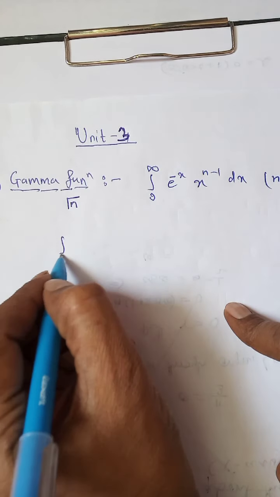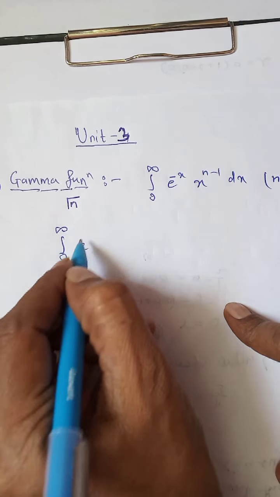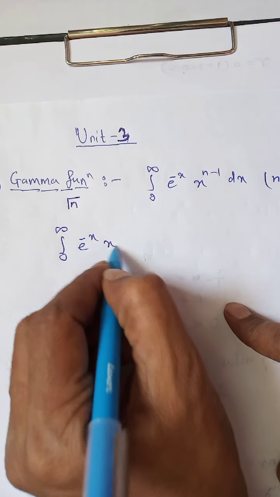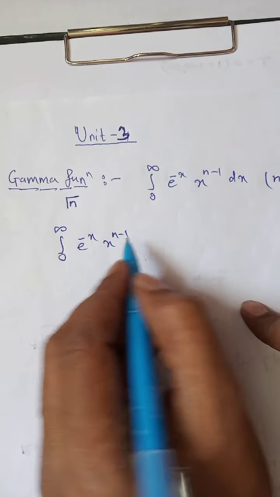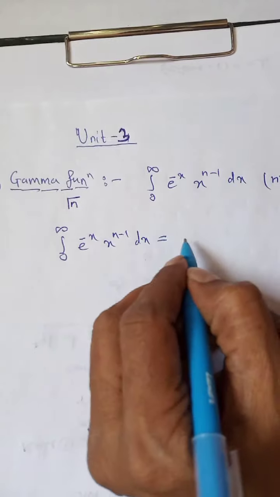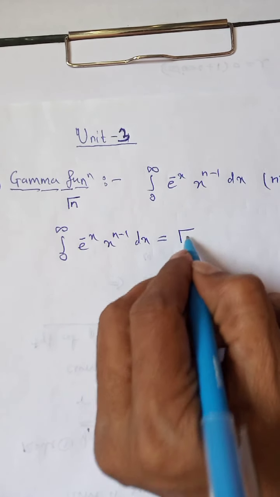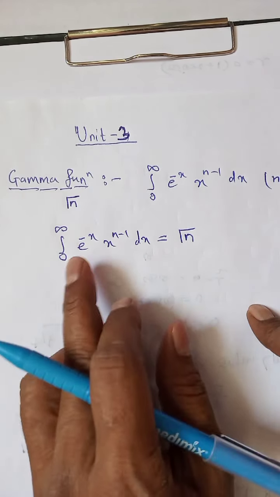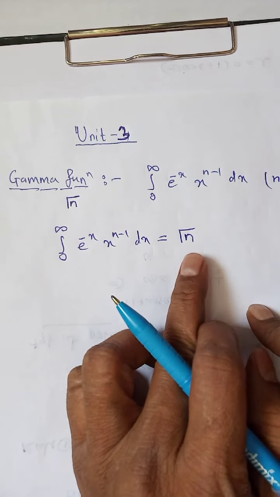Therefore, the integral from 0 to infinity e to the power minus x, x to the power n minus 1 dx is gamma n. So the value of this integration is gamma n.